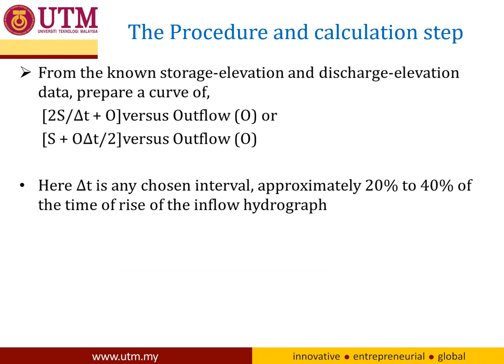So we need to identify this first: the storage and the outflow. This is the storage in terms of storage and outflow versus the outflow data. What does this mean?